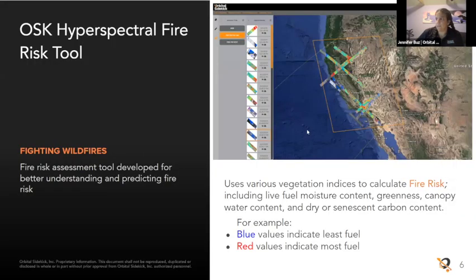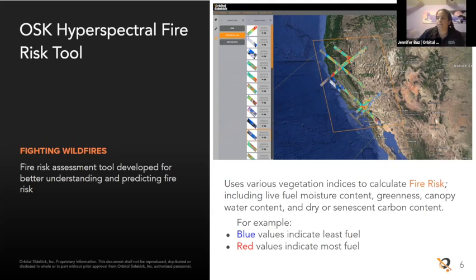So an example of how we use hyperspectral data. This data that's shown in this example was actually acquired using our HEIST instrument, which was our first instrument in space. It was on the space station. And looking at wavelengths where water is important, as well as chlorophyll, we're able to come up with metrics to pinpoint where there's a high risk of fire.